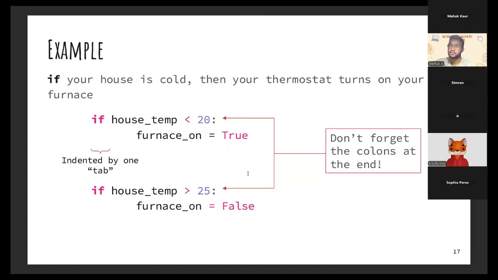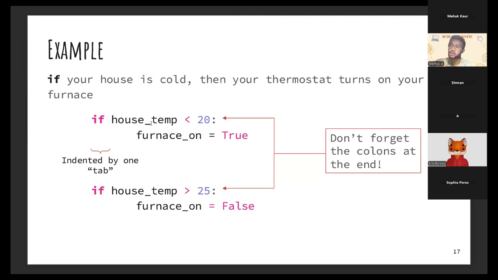For example, if your house is cold, then your thermostat turns on your furnace. So if house temp is less than 20, then furnace on is equal to true, which means your furnace would be turned on, right?